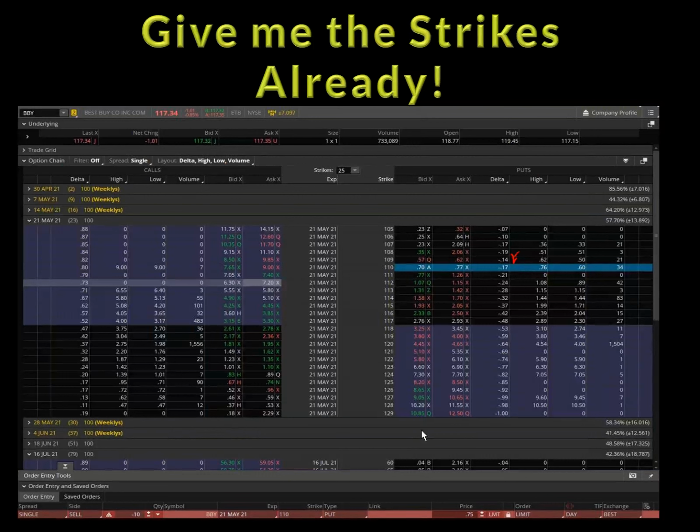So I went towards that 17 delta for BBY. And you can see, this is implied volatility, that's implied volatility at 54. Again, we need to see where that is in relation to determine whether these premiums are expensive or cheap.